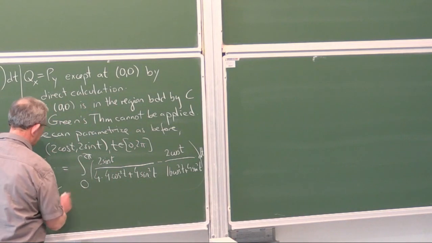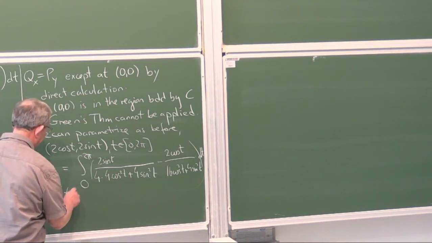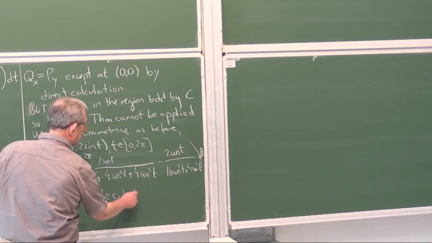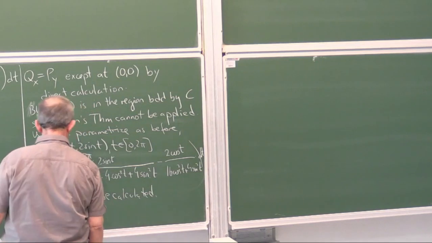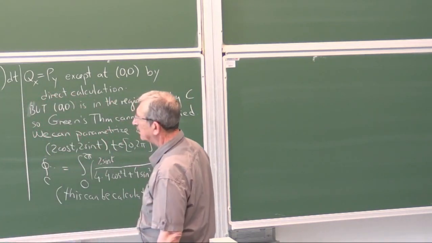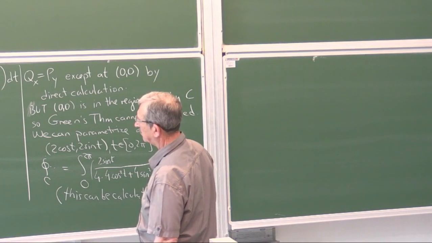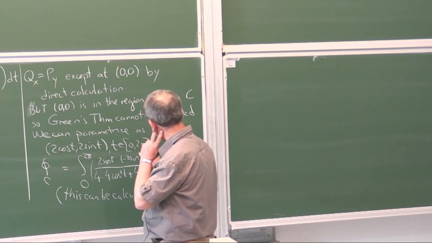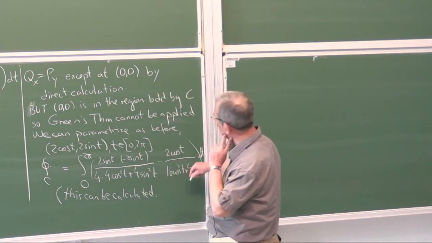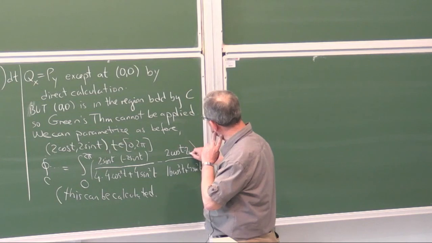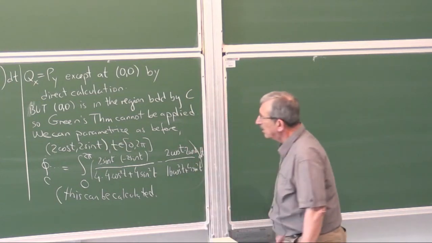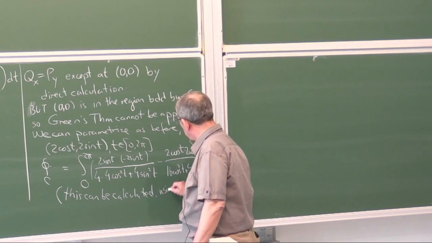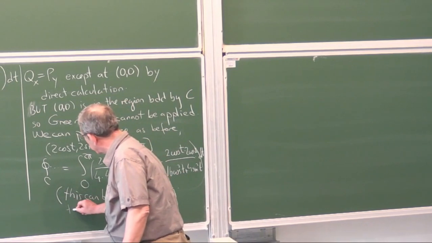Let me just remark that this can be calculated. Actually, I did not do it very correctly, I suppose. Yes, I missed dx and dy. Yes, dx would be minus 2 sine t here, and dy would be another 2 cosine t. But still, this can be calculated using techniques of integration.